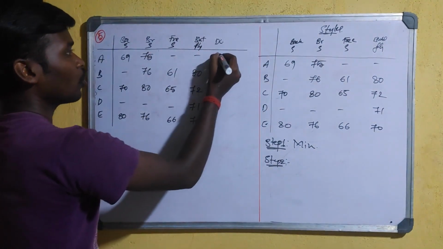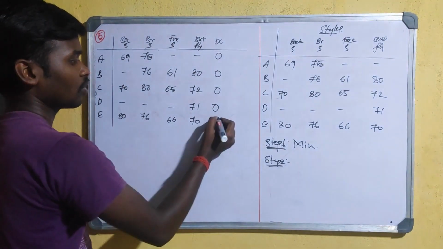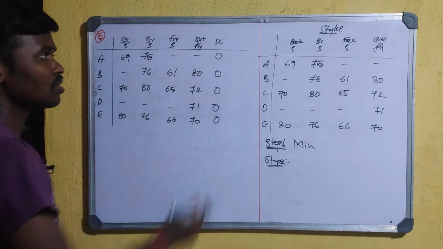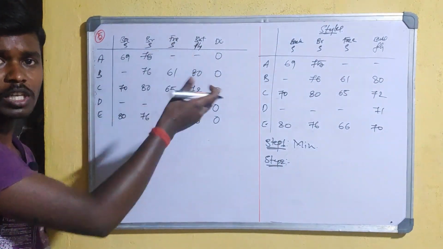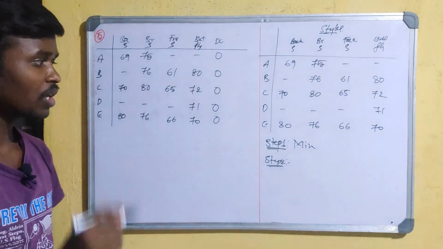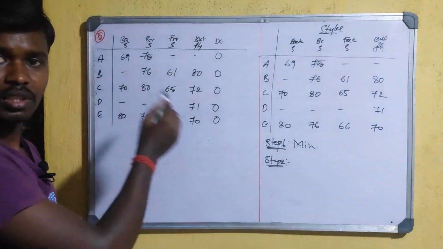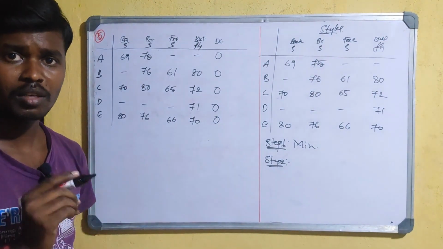Okay, see, I am going to add zeros. In this problem, I am going to introduce 0 seconds to make the unbalanced transportation problem into a balanced transportation problem. Now we are confirming under the second step, the problem will be converted into a balanced transportation problem.